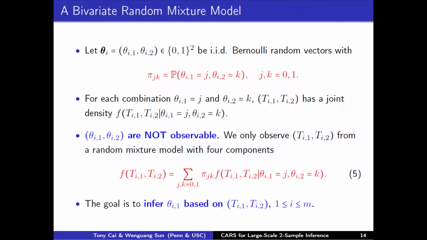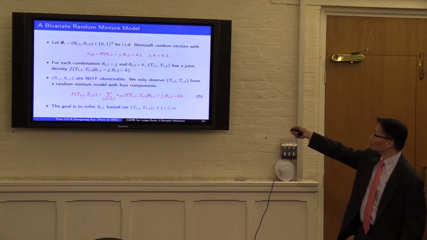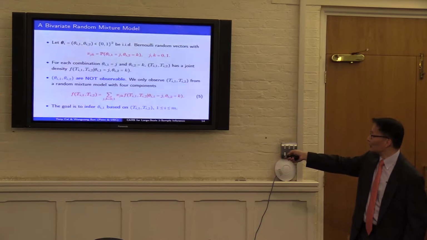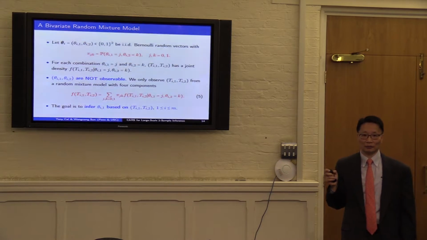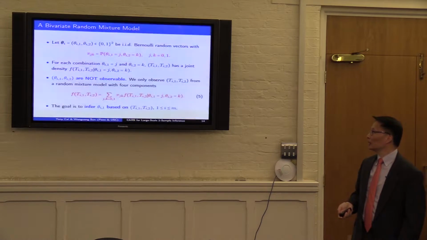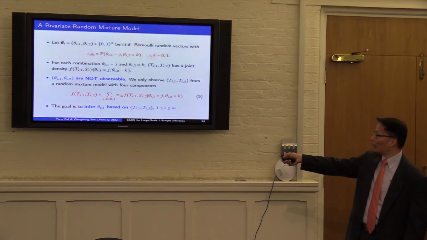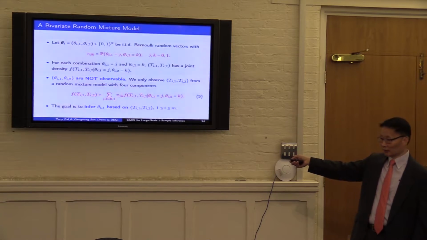And according to this model, once we have these Bernoulli variables, the joint distribution of T_i1 and T_i2 is a 4-component random mixture. And our goal is to try to infer theta i1 based on the pair. So that's our goal.